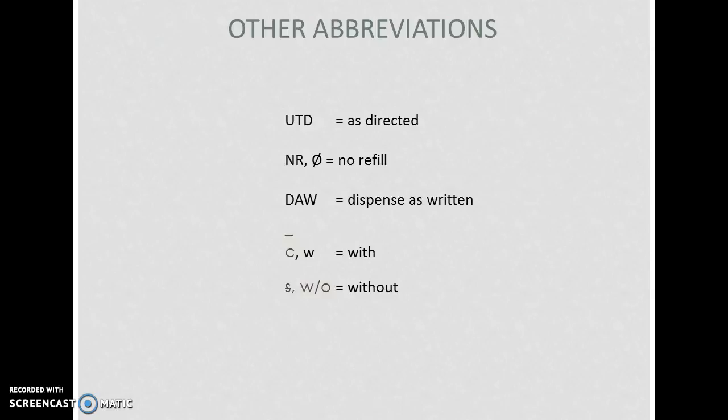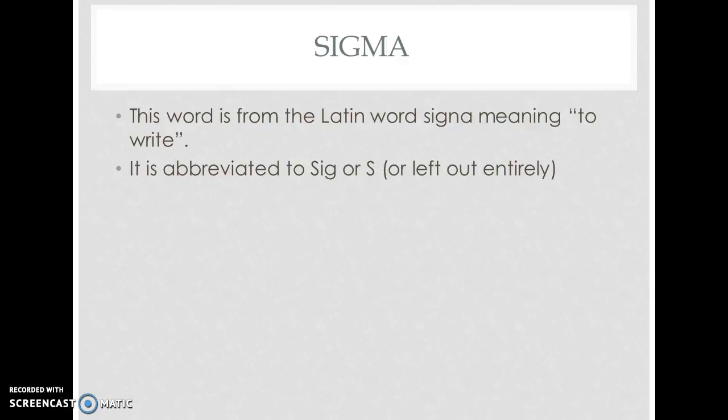And there are other abbreviations that you may see, less common, but still important. UTD means as directed, and NR, no refill. DAW, dispense as written. A C with a line on top of it, or CW, means with. S with a line on top means without.